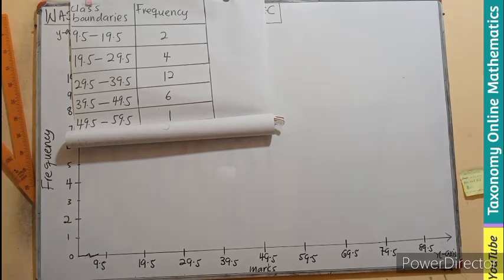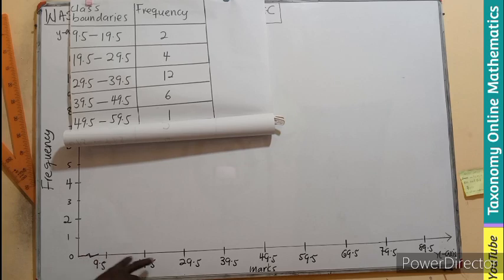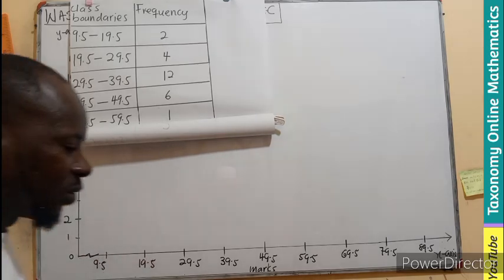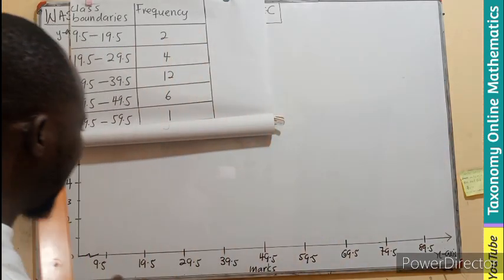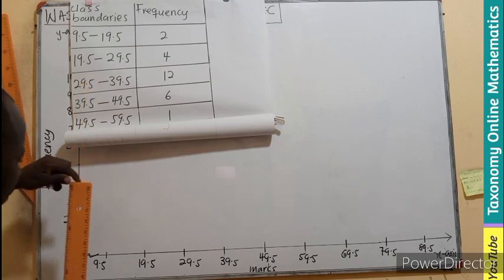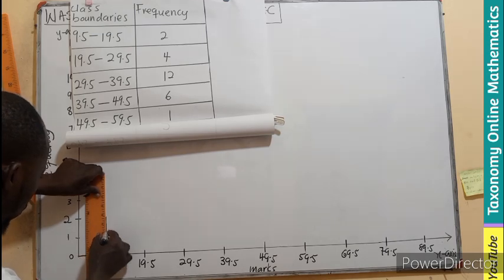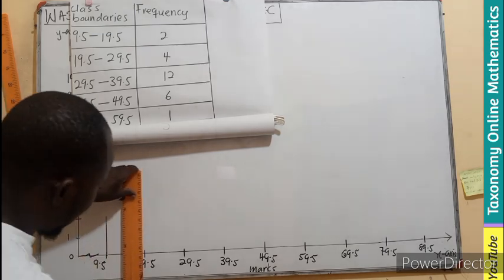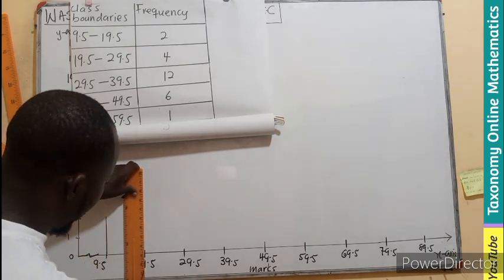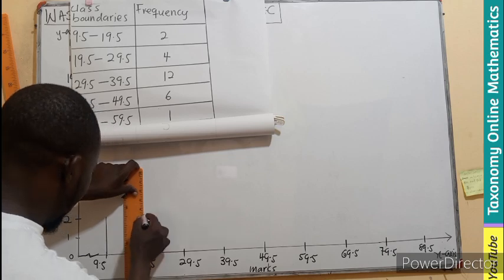So this means that the scale from 0 to 9 is not the same as from 9 to what? 19.5. So we are going to indicate our frequency of 2. If I put the ruler here, I should mark up to 2, then bring it down to 19.5.